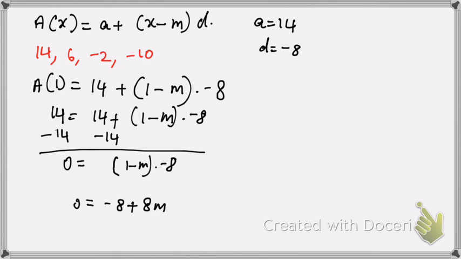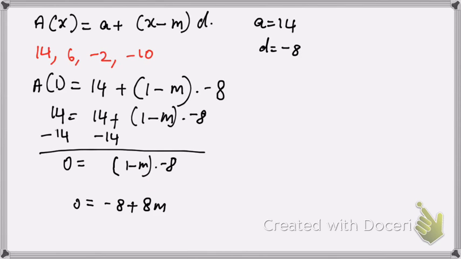So 0 equals 1 times -8, which is -8, and negative M times -8 equals, what is it? Positive 8M, right?